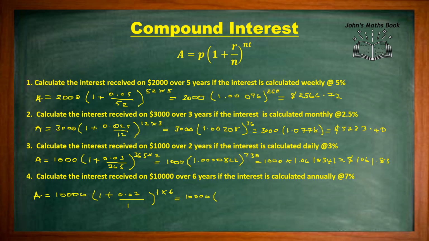The bracketed part works out to be 1.07 to the power of 6. So that's 10,000 multiplied by, and 1.07 to the power of 6 is 1.50073.